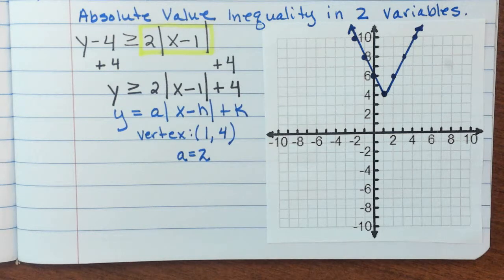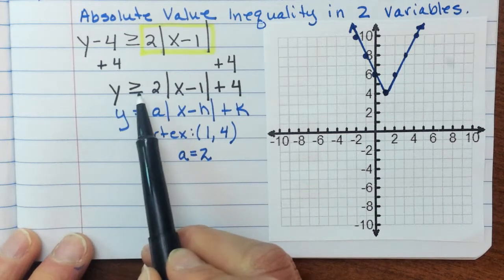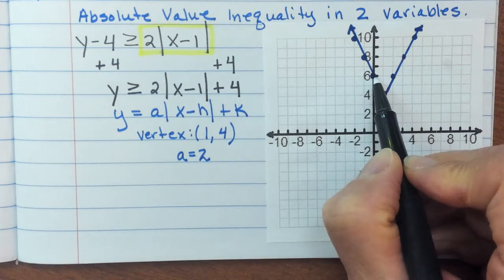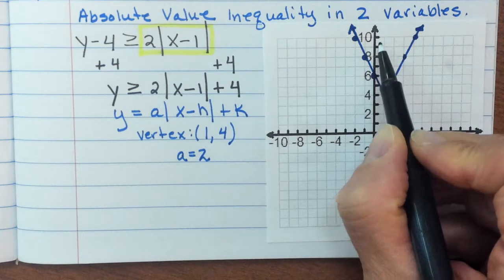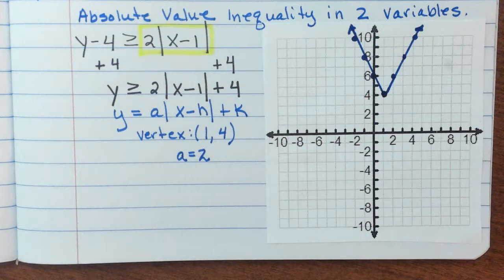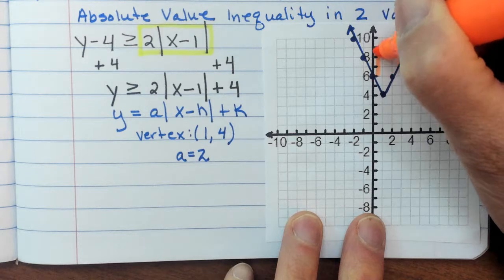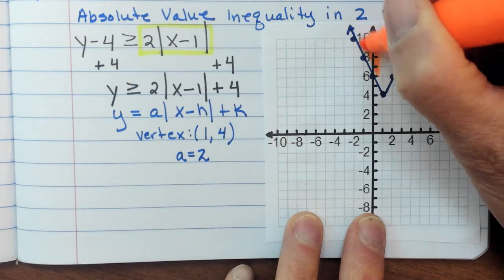And then I have to figure out where I'm going to shade. So let's look for where it's going to be shaded. Here I'm saying y is greater. So again, I'm going to go to my y-intercept. Where is y greater? Y is greater as I go up. So that means it's going to be on the inside.